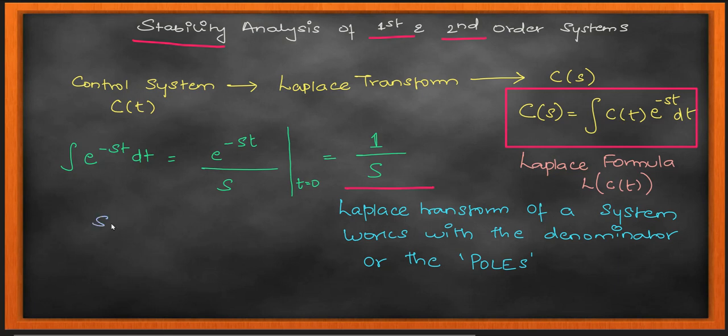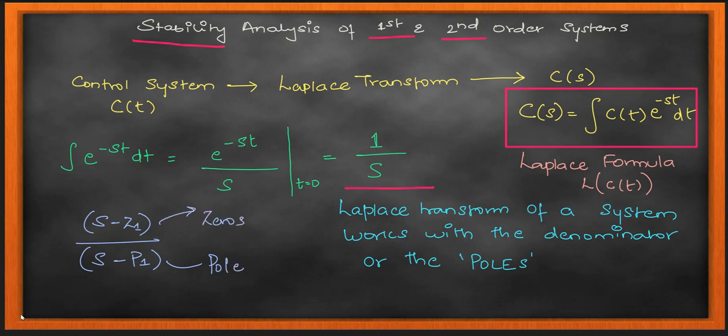So the denominator of a fraction in the s plane is called the poles, because if this is the format for your s plane representation, that is s minus z upon s minus p, your zeros come in the numerator, they occupy the numerator of the fraction, and your poles occupy the denominator of the fraction.